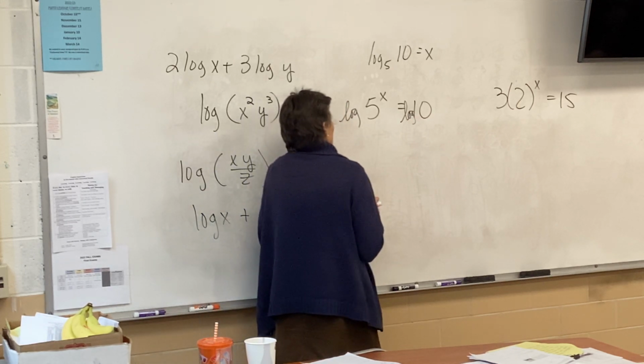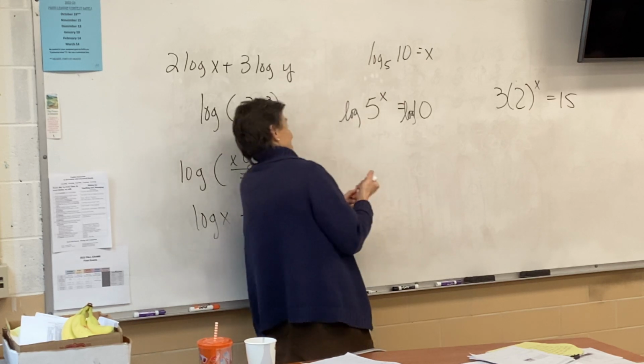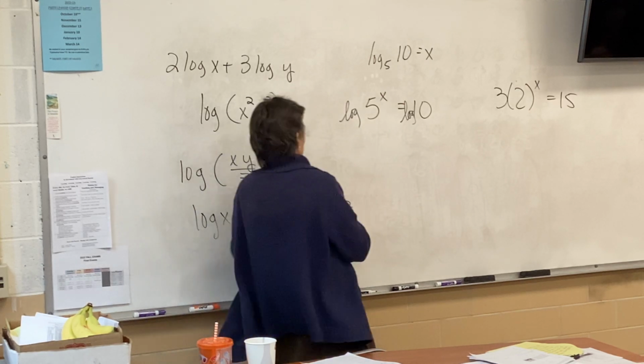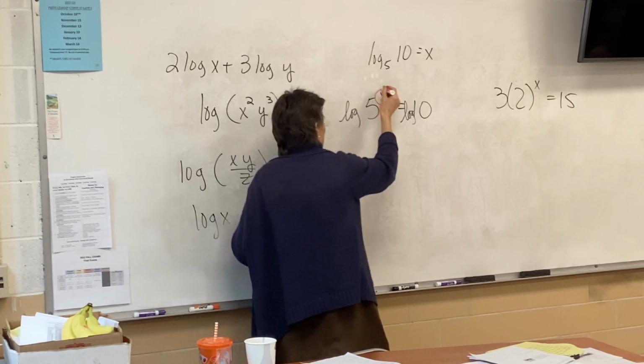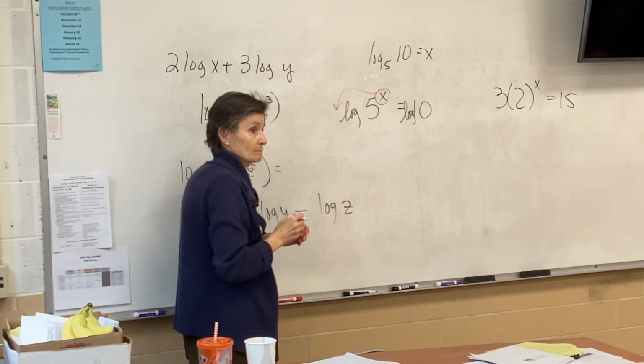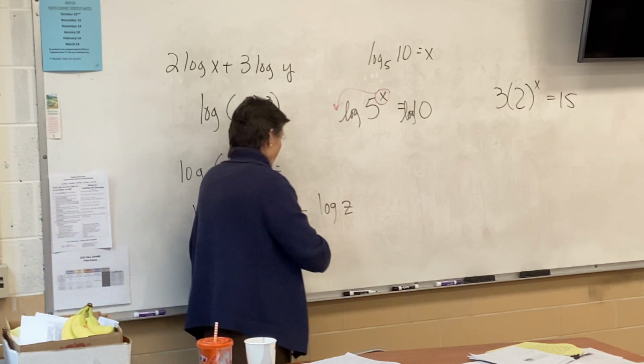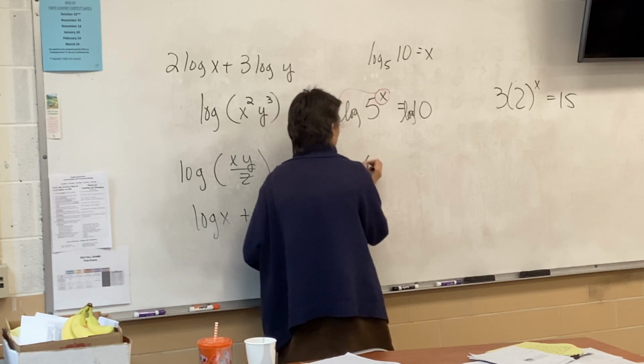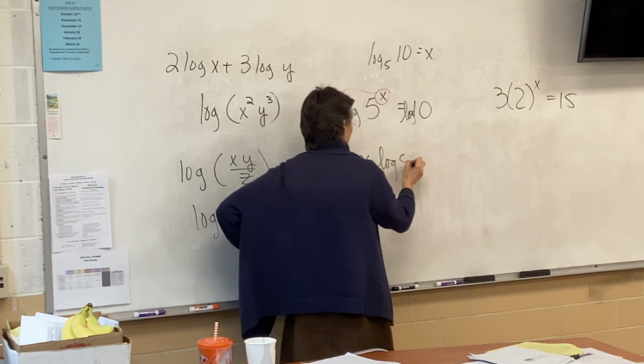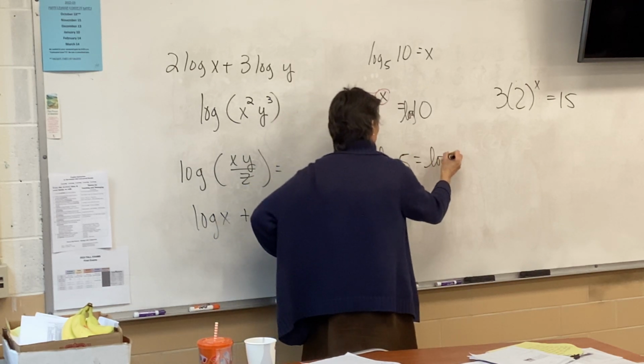This exponent then, this exponent comes out in front. So now my problem says x log 5 equals log 10.